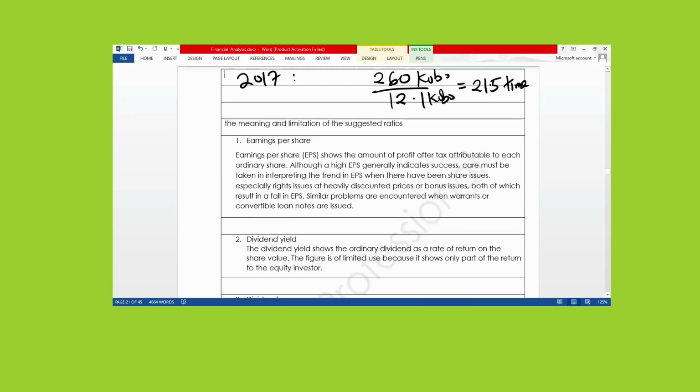Now look at your material or at your screen. Earnings per share.